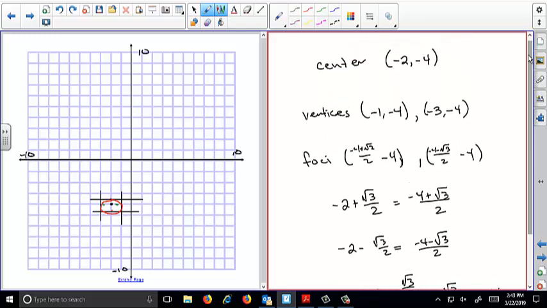Basically what you're doing here is you're taking the center coordinate, -2, and you're adding and subtracting the value of c. So if we call this h and this k, we could say that the focal points are going to be h plus c, comma k, and h minus c, comma k. So you could represent them in equation form.